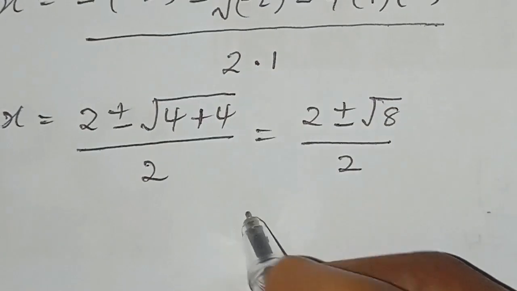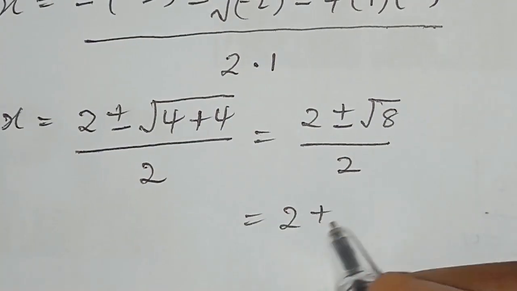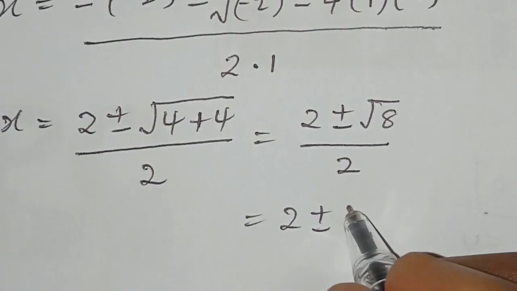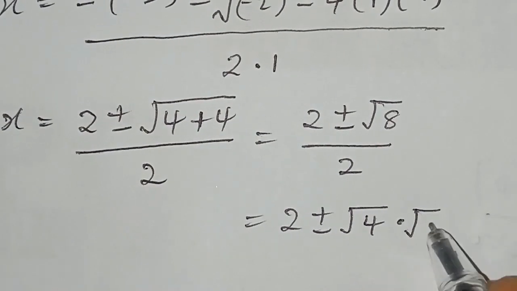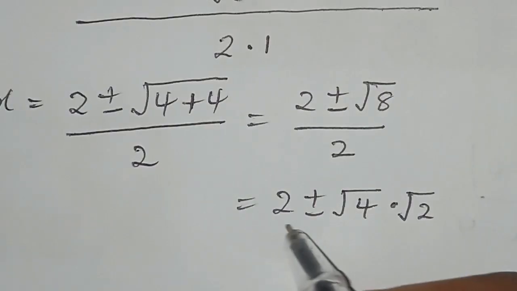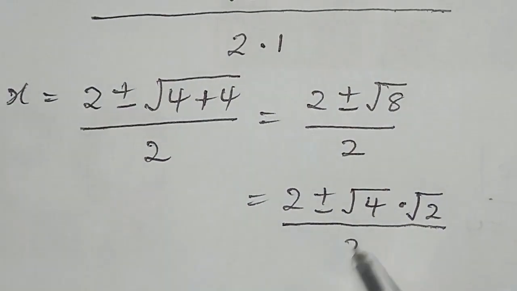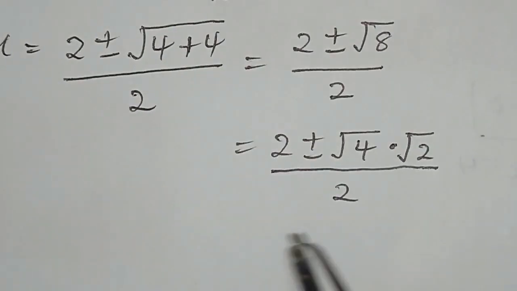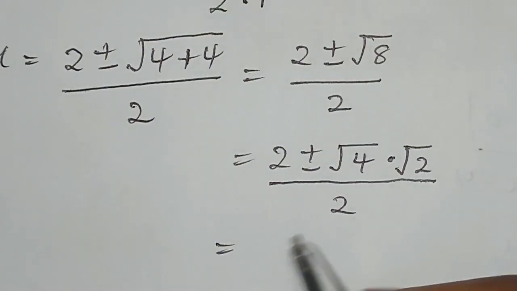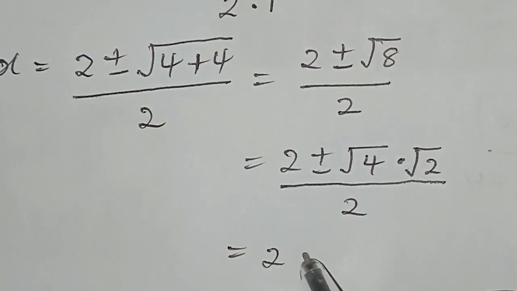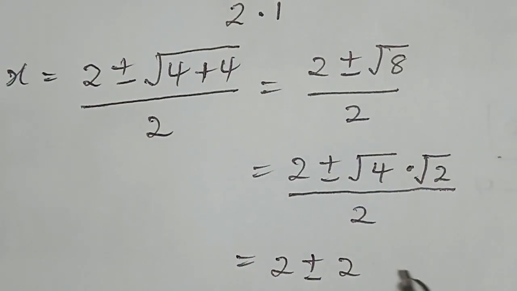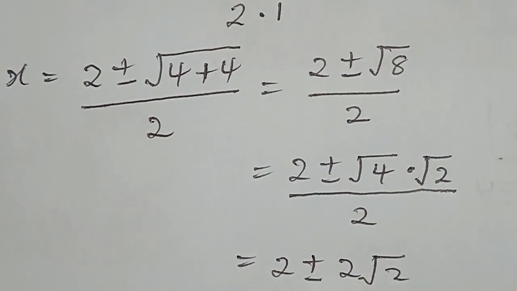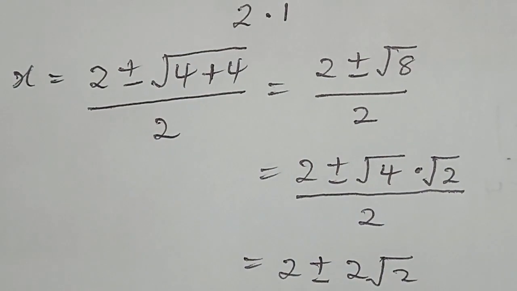Then we can simplify this as 2 plus or minus the square root of 4 multiplied by the square root of 2, over 2, and this is equal to 2 plus or minus the square root of 4, which gives us 2, then the square root of 2, all over 2.